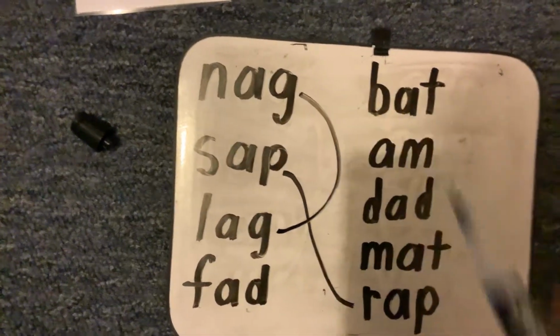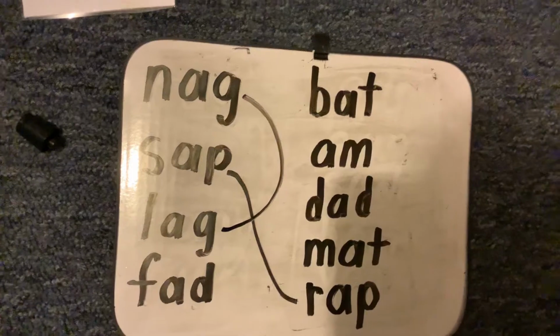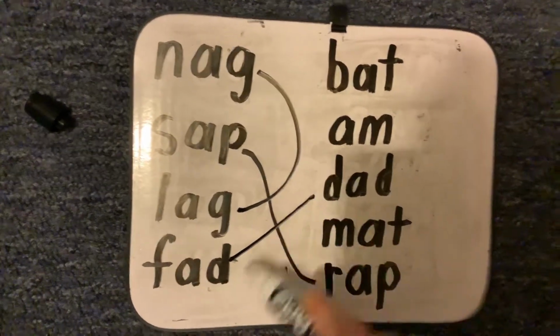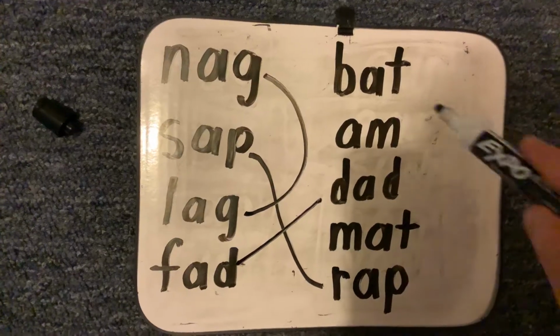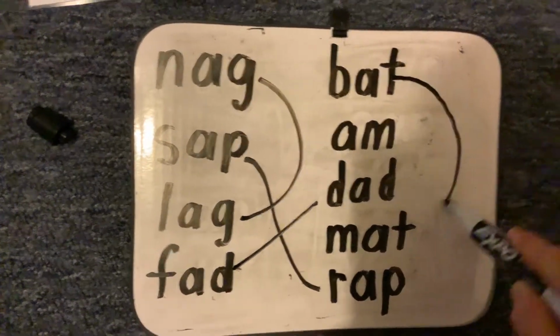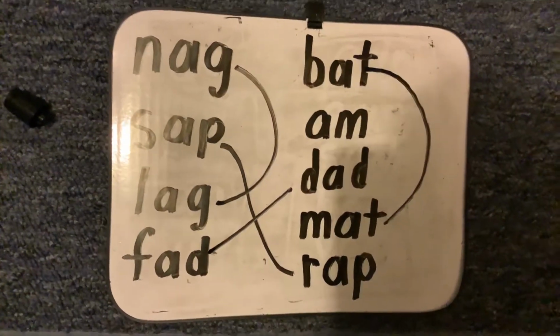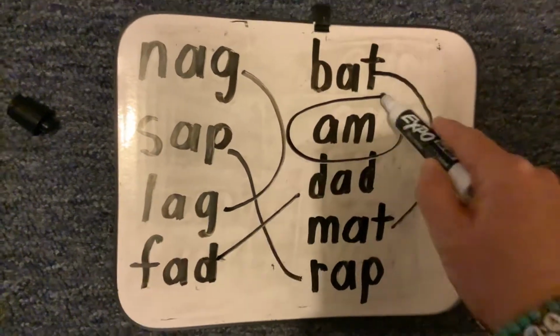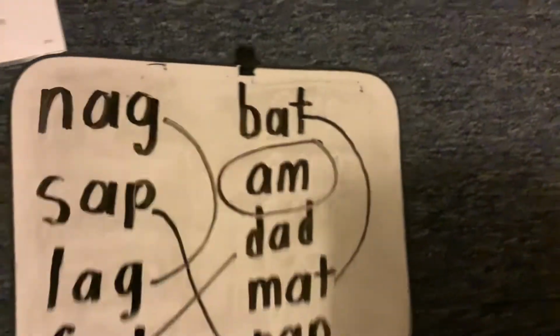They're in the ag family. They sound the same. Fad and dad. They're in the ad family. Bat and mat. They're in the at family. We only have one that does not have a rhyming pair, am. It's all by itself.